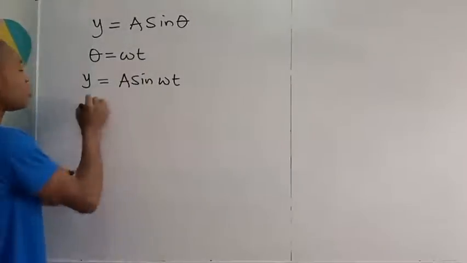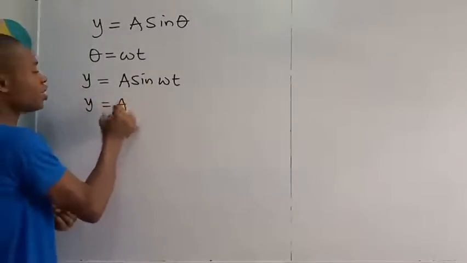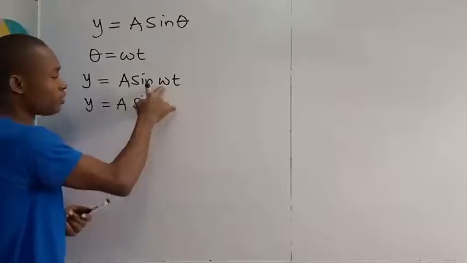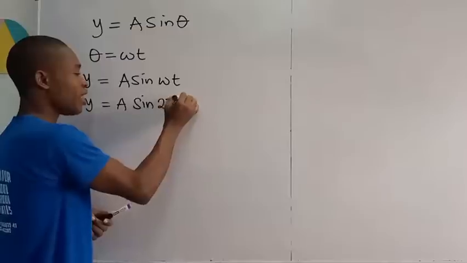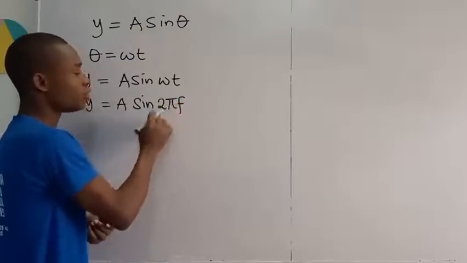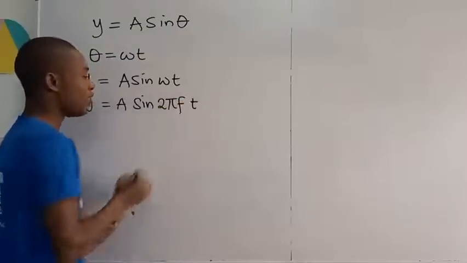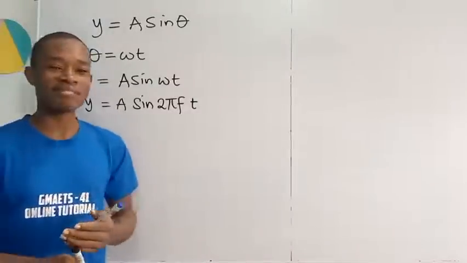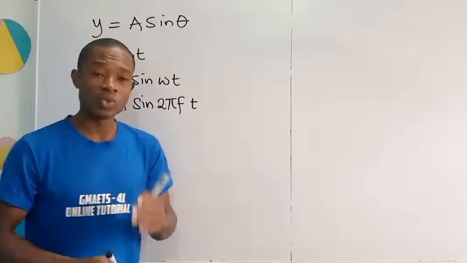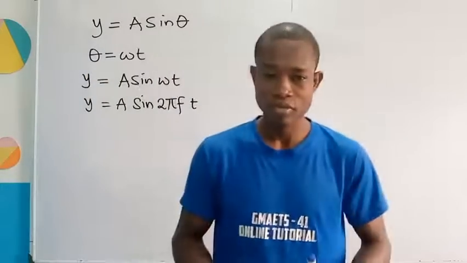So in place of the angular frequency, I substitute 2 pi f, where f is the frequency of the wave, multiplied by the time. Remember, a is the amplitude, the maximum displacement of the wave from its rest position.